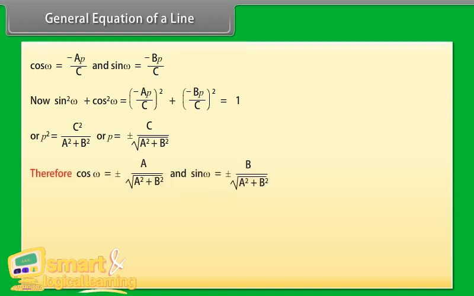Therefore, cos omega = ±a/√(a² + b²), and sin omega = ±b/√(a² + b²).